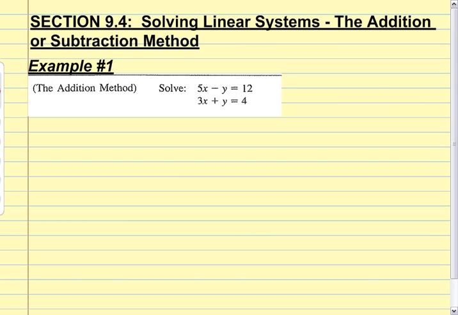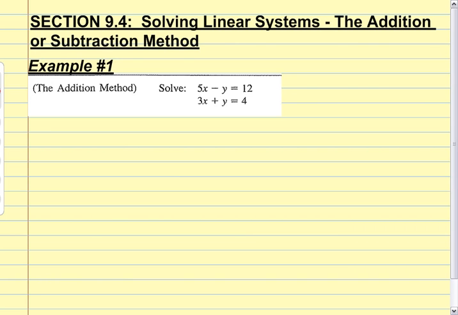Now, remember with substitution, I like to put them side by side, but when I'm using the addition or subtraction method, I want to put them right on top of each other, okay? And I have to have them in what's called standard form. I don't have to have them in standard form, I have to have them in the same order, okay?